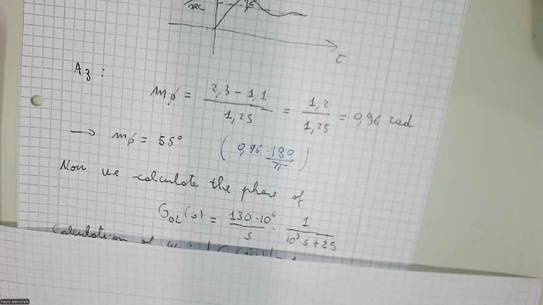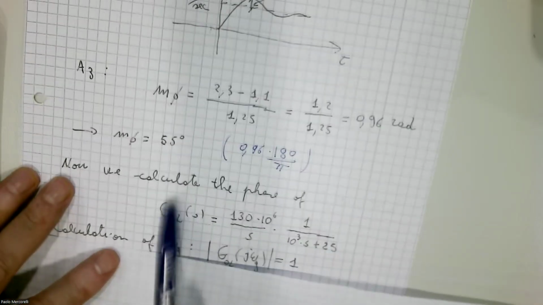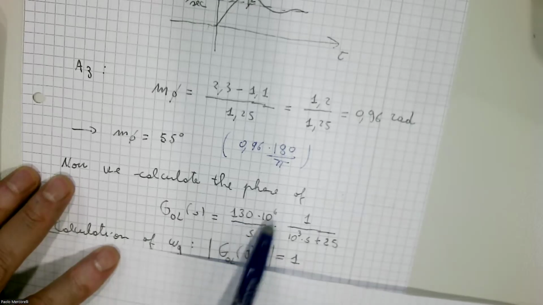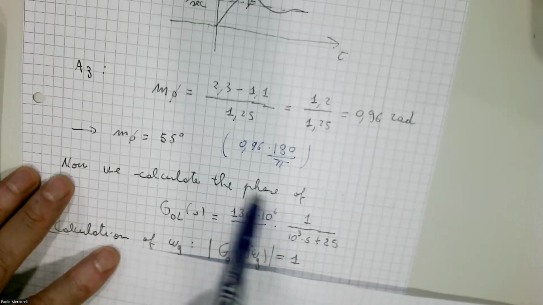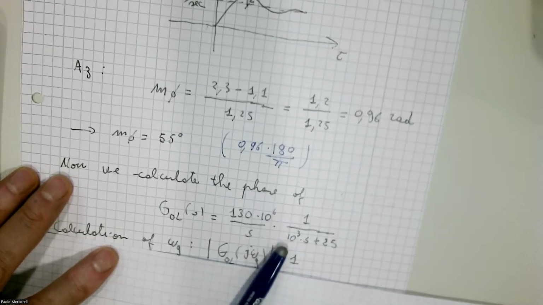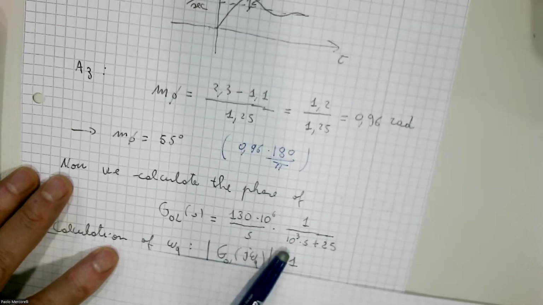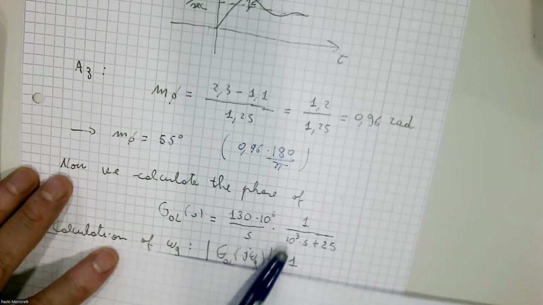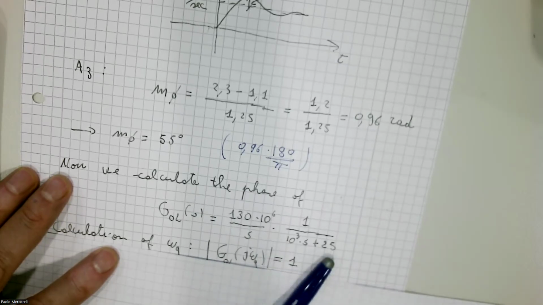The transfer function of the system. Here I put also the value. This is GR, this is GV, with the value which I gave you at the beginning. The mass was 1,000 kilo, and B was 25.